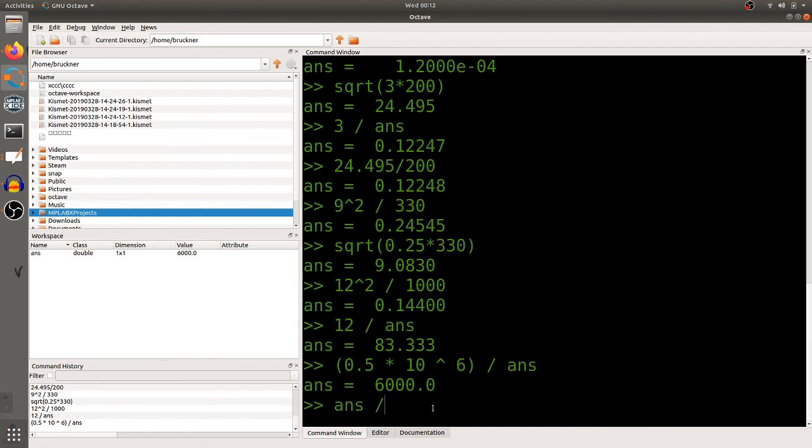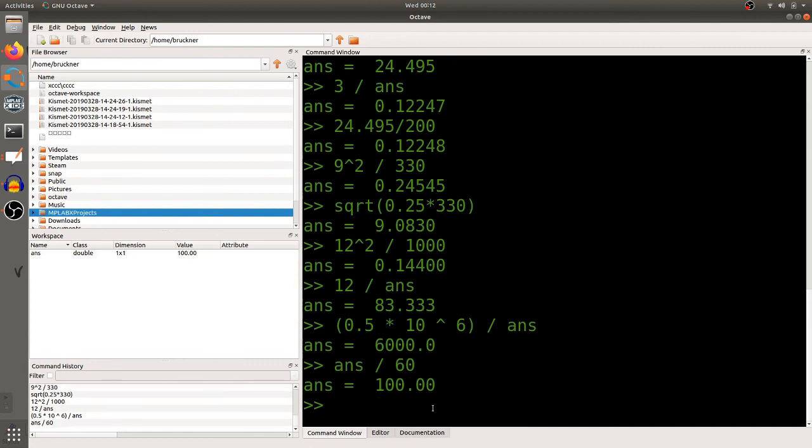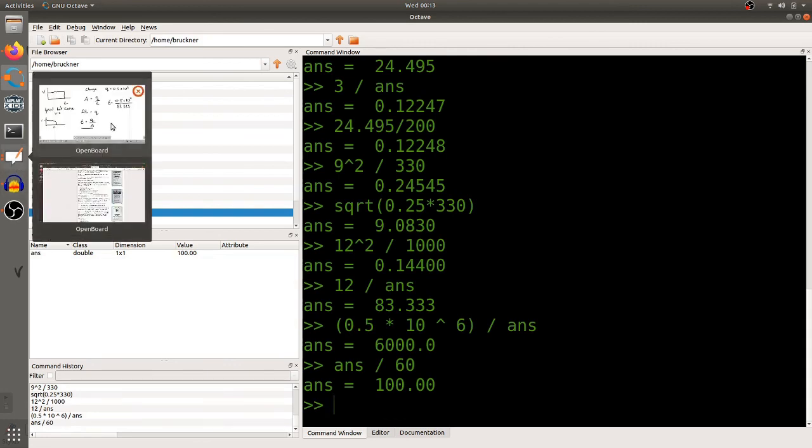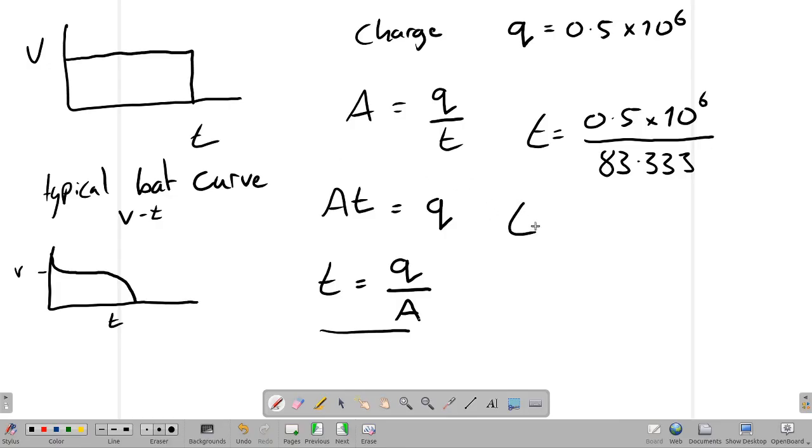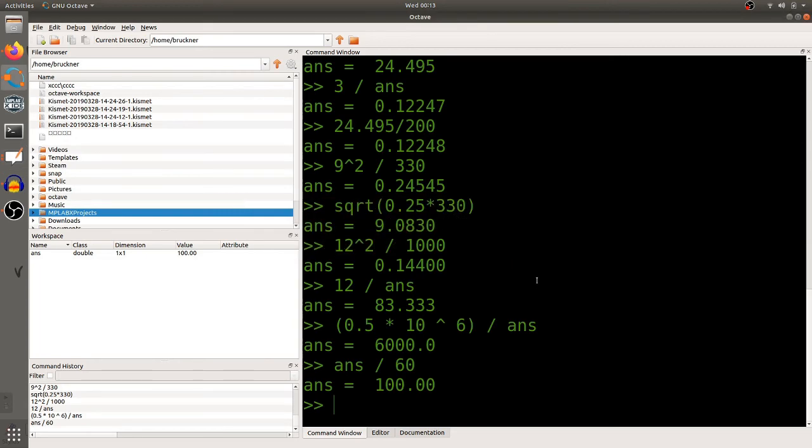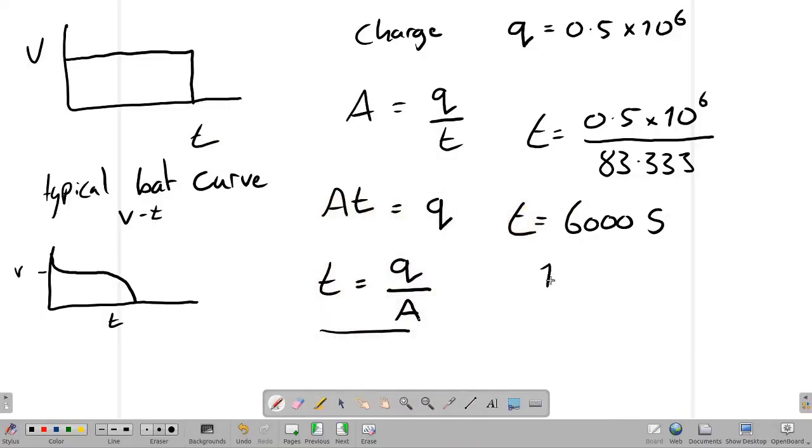6,000 seconds divided by 60, because there's 60 seconds in a minute, gives us about 100 minutes. We'll leave the answer in minutes. You can divide that again by 60 to work out how many hours, but 100 minutes is a nice number. So our time is going to equal 6,000 seconds, which is 100 minutes. 100 minutes is the total runtime of the battery.